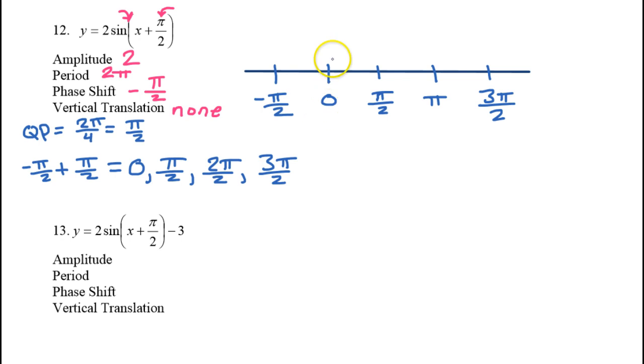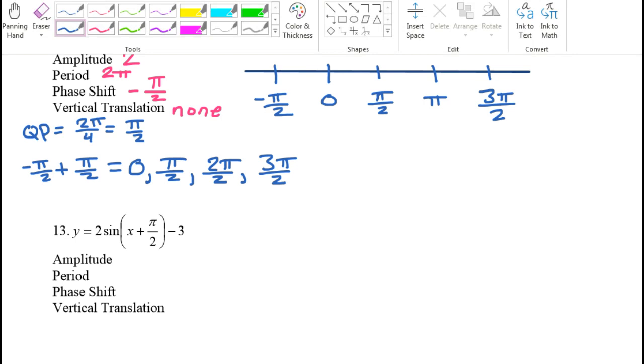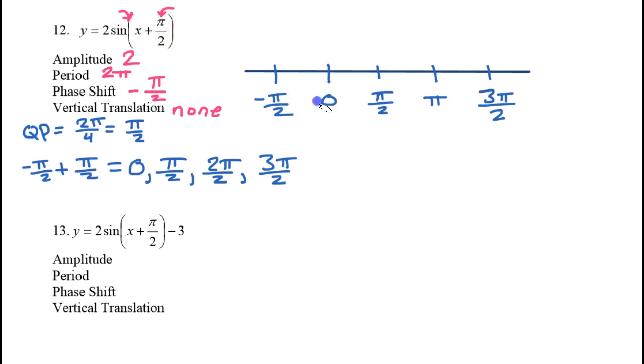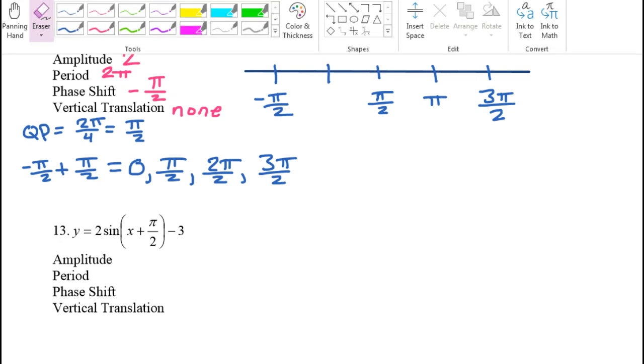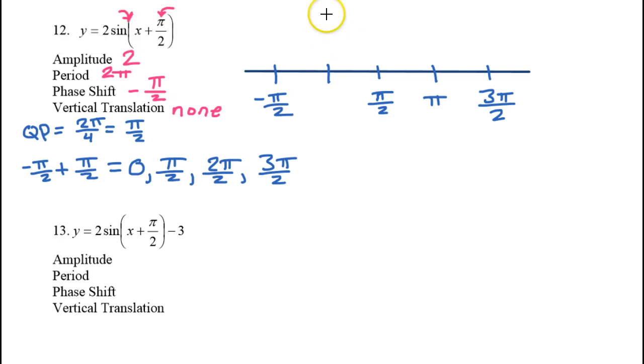Now the y-axis always goes at 0. So since I actually have a 0 right here, I can go ahead and just put the y-axis right there at 0. Sometimes the y-axis is not one of our 5 marks, but in this case the y-axis is right at the second mark.